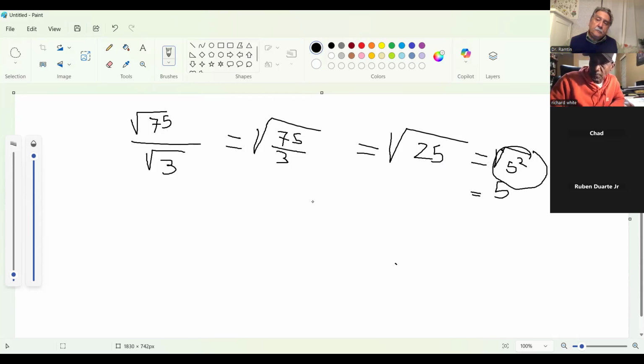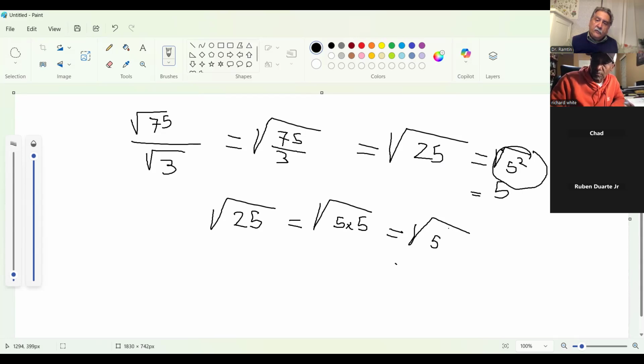Do you see that? Do you see how, all the way, when I get to 25, what is 25? 5 times 5, which is the same as 5 to the power of 2.